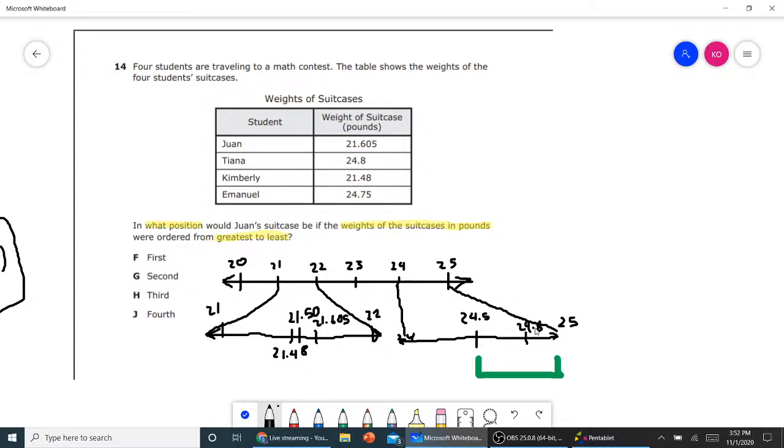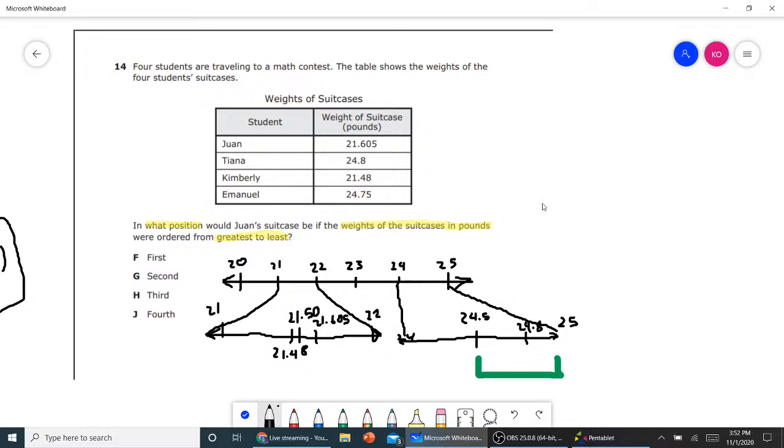So let's ask ourselves the question one last time: is 24.75 less than or greater than 24.8?